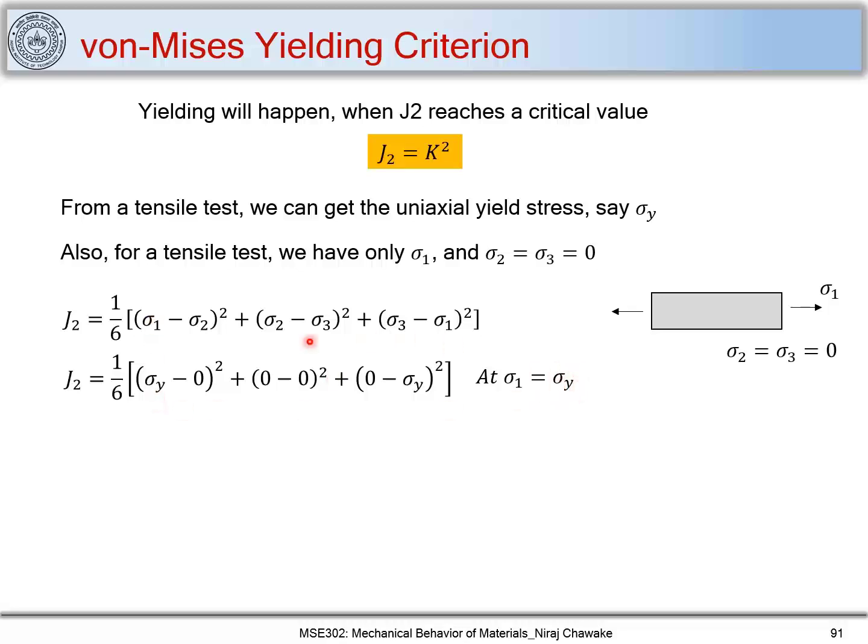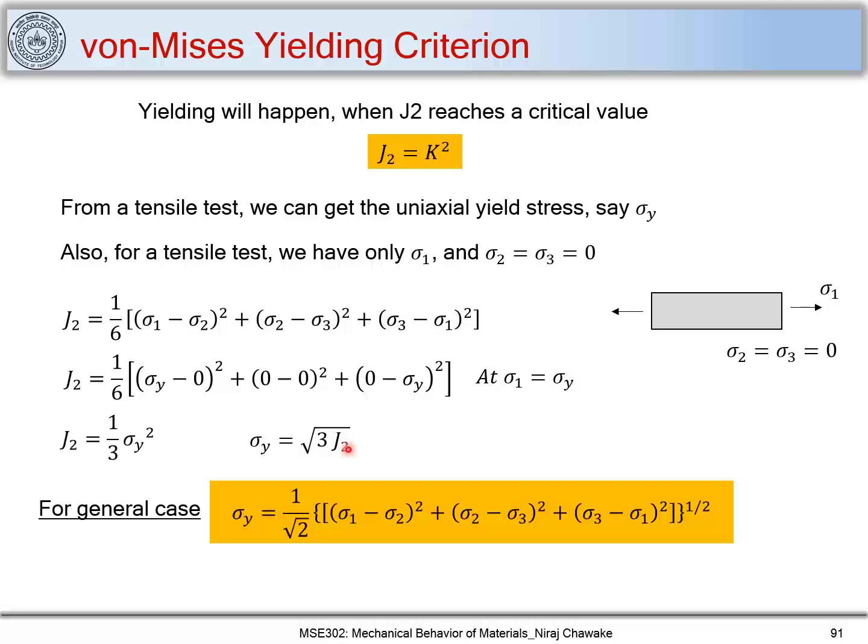So I put these values in this relation, and what I get is that J2 is equal to 1 upon 3 sigma y square, and I can find sigma y, the yield stress, in terms of J2, the second invariant of the deviatoric stress tensor, and find when the yielding will start. So yielding will start when the yield stress value sigma y reaches root 3 times the square root of J2, or sigma y square is equal to 3J2.